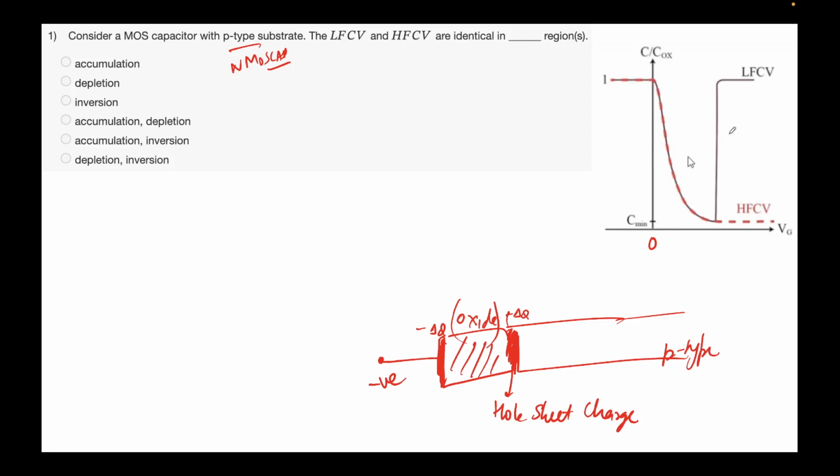Where they'll not overlap is inversion, because as we had already discussed, at high frequency the electrons will not find sufficient time to come to the oxide-semiconductor interface. So in that case they'll differ, but they'll overlap in accumulation and depletion, but not in inversion.